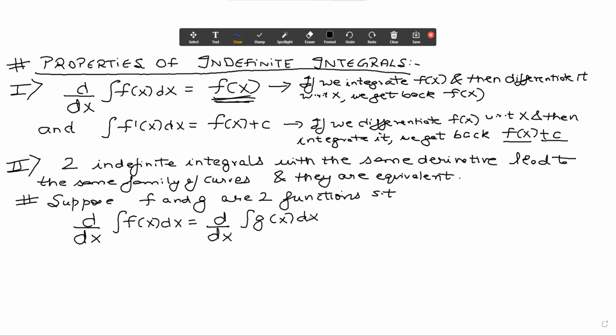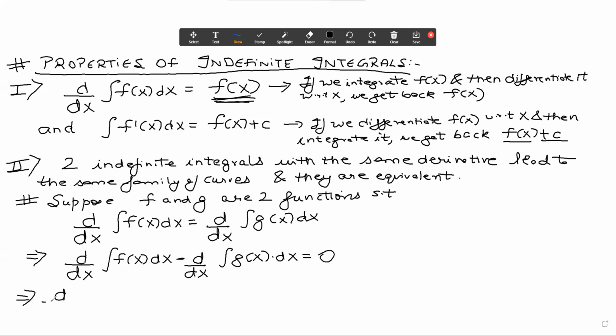So I can write it like this. This implies d by dx of integral fx dx minus d by dx of integral gx dx is equal to 0. I can take d by dx common. This is what I get.